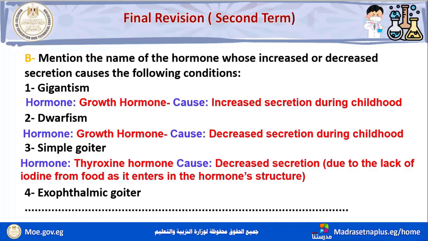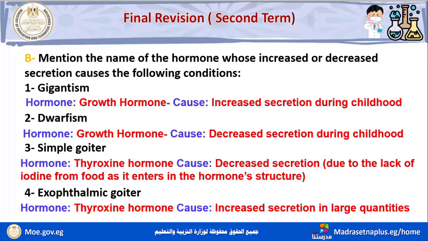Number 4, exophthalmic goiter. Hormone: thyroxine hormone, caused by increased secretion in large quantities.